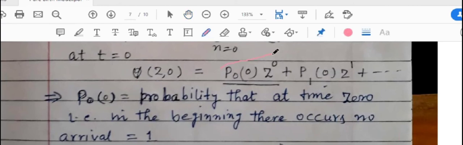This part is very important to evaluate.